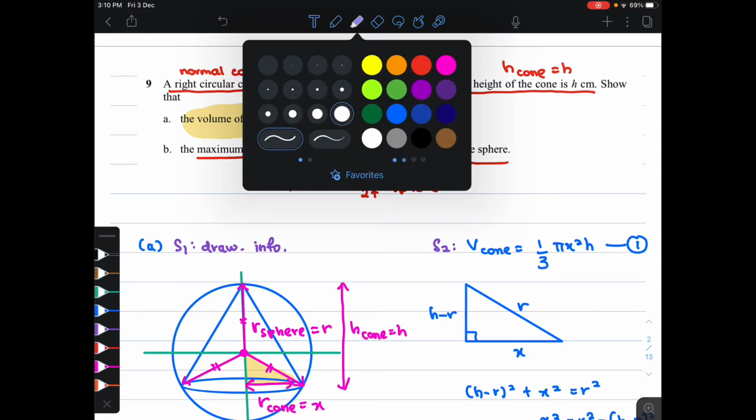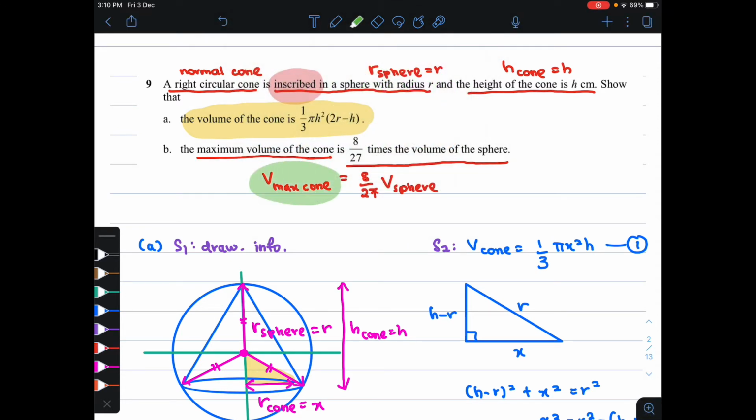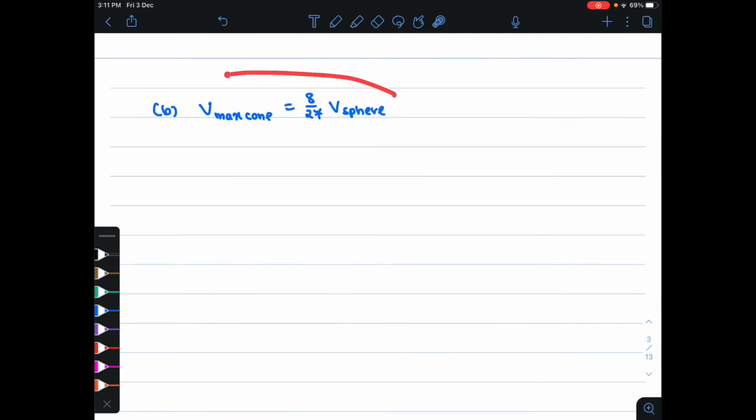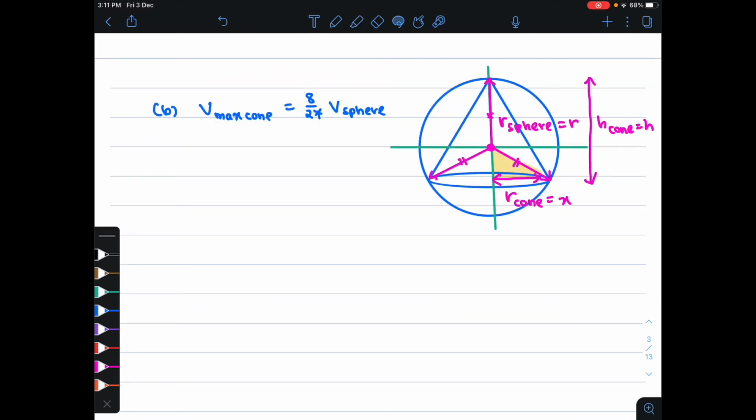So, this means that you need to show that the V max cone is equal to 8 over 27 of sphere. So, ini Miss tulis balik. Alright, so apa yang kita akan buat adalah, this one kita akan anggap dia sebagai left hand side, and this one kita akan anggap dia sebagai right hand side. Sebab soalan dia kata show. Okay. So, apa kita akan buat adalah kita cari dulu left hand side, and then kita cari pula right hand side, and then kita compare.